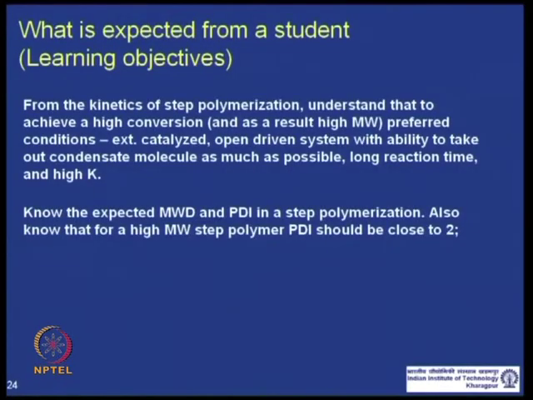A student is expected to know the molecular weight distribution and polydispersity index in a step polymerization, and should also know that for any high molecular weight step polymer, the PDI should be close to 2, almost 2.